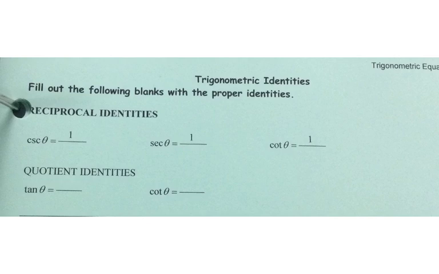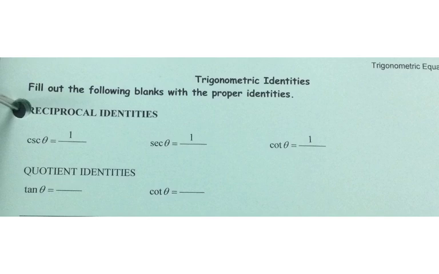So far when we've talked about cosecant, I've told you it's the reciprocal of sine. And so we've been writing it as the hypotenuse over the opposite. Well, another way you could say that, if it's the reciprocal of sine, we can write it as 1 over sine. Because that's what a reciprocal is. So that's what these first identities are, they're fill in the blank.